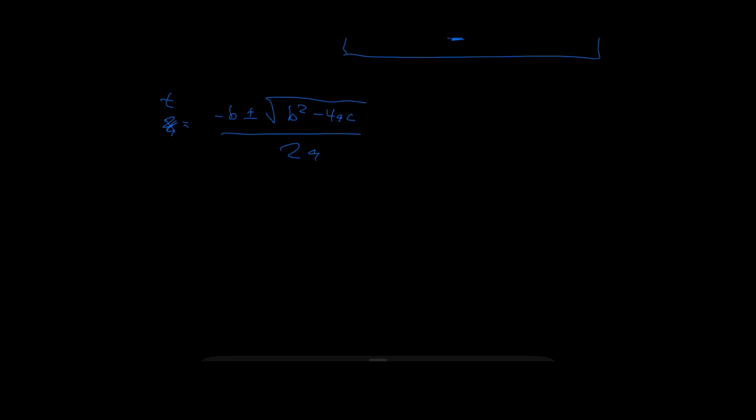And so we'll write our 1/2 at squared, where a equals g, plus v naught y t plus y initial.